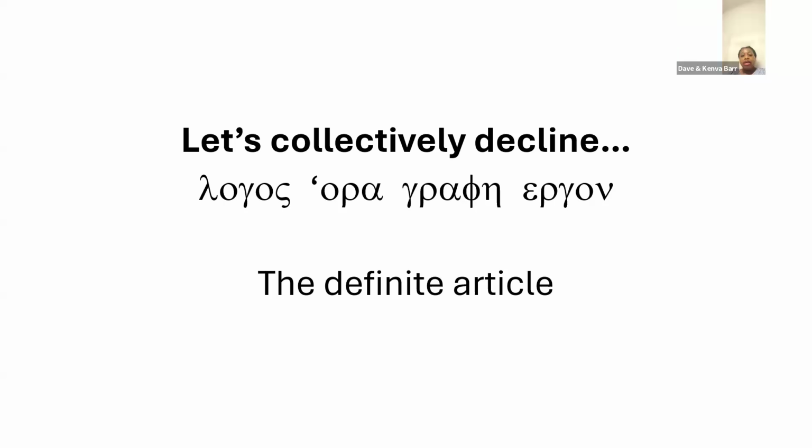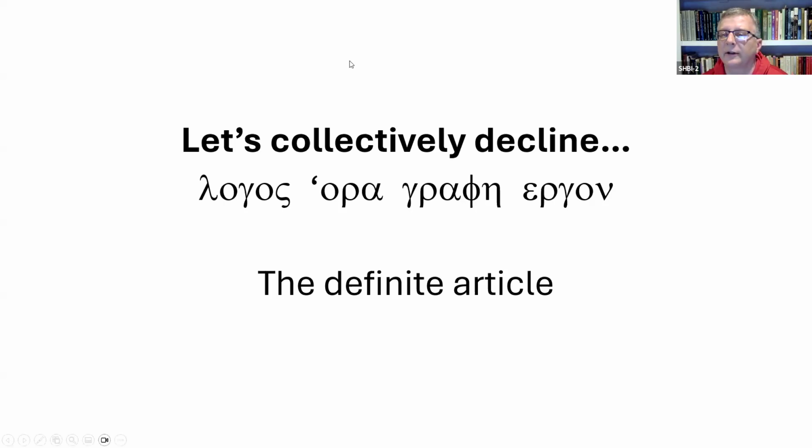Okay. Ergō, ergon, erga, ergōn, ergois, erga. Yes, in the dative plural, omicron, iota, sigma, ergois, correct? Yes. And then the last one is erga again. Yes. Very good. All right.